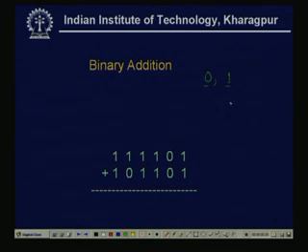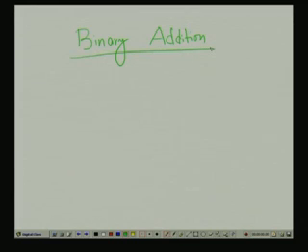As there are 2 values, 0 and 1, what are the different additions of digits?